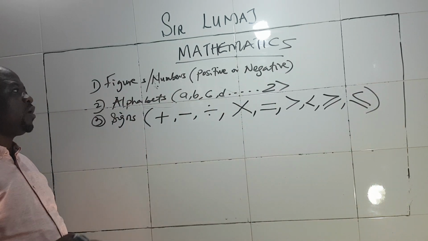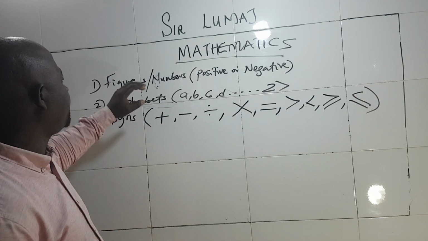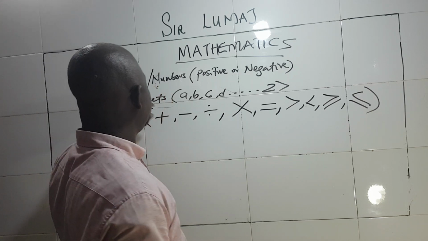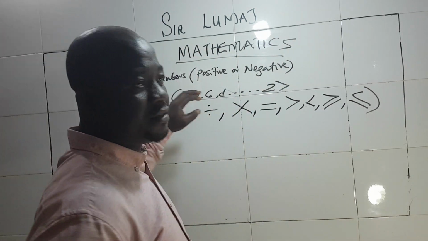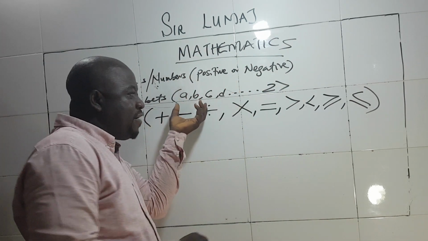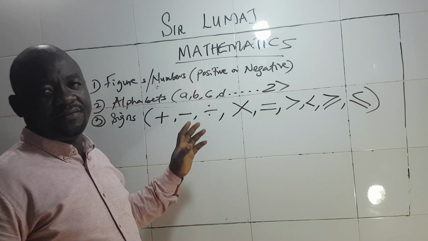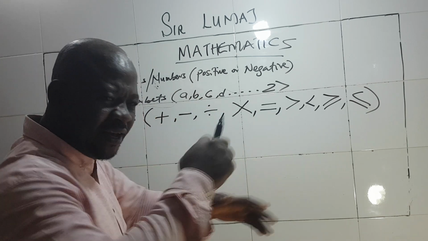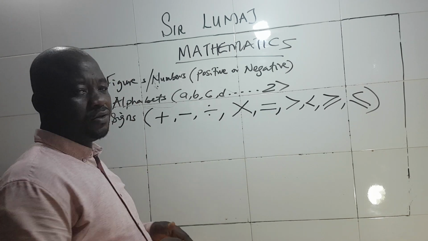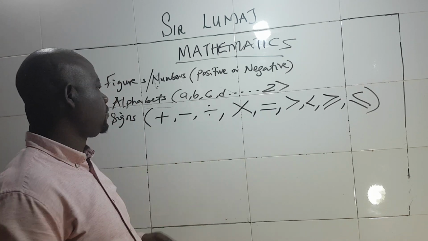In mathematics, what they are doing is just to show relationships between positive or negative integers or numbers and alphabets with these signs. You still get to understand that you are just playing around with those terms.